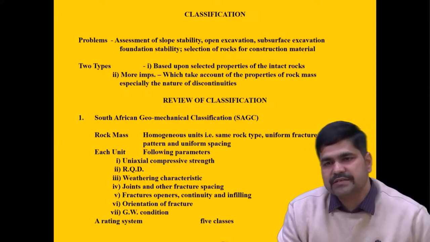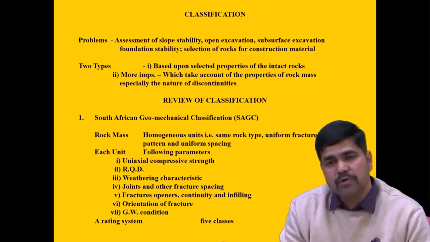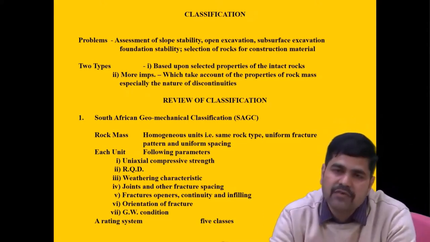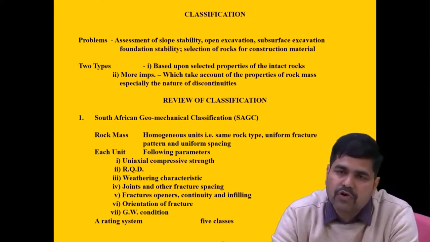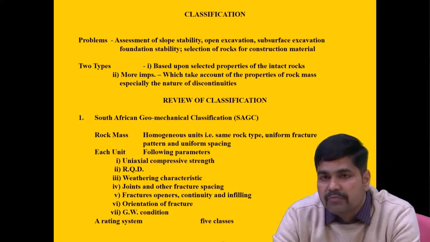Suppose I give a maximum of 100 to the most competent one, the upper limit of the very good rock, and 0 to the very poorest of the poor rock. In between we can make 5 divisions with an equal interval of 20.